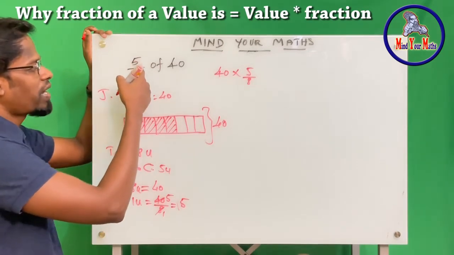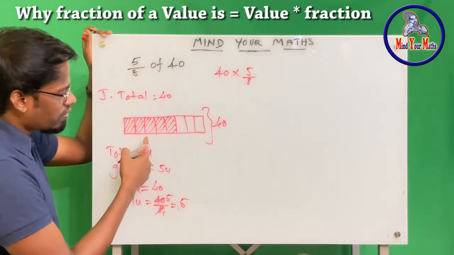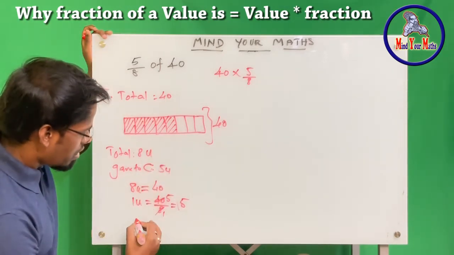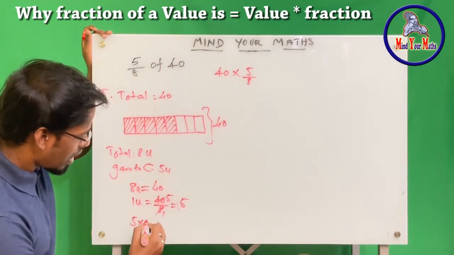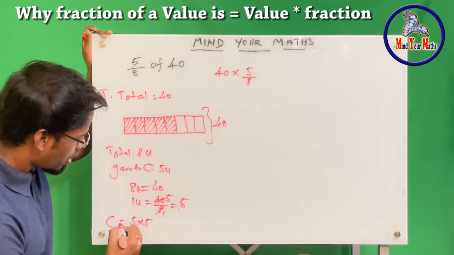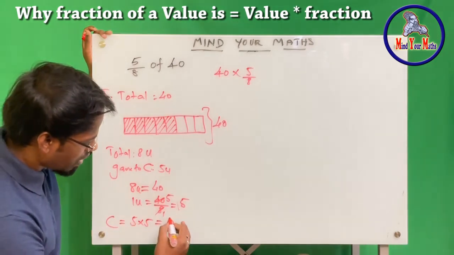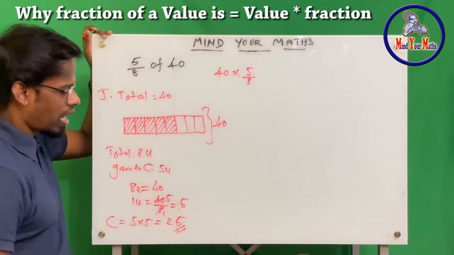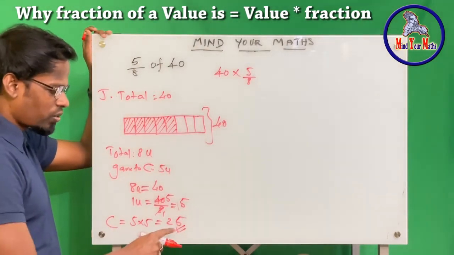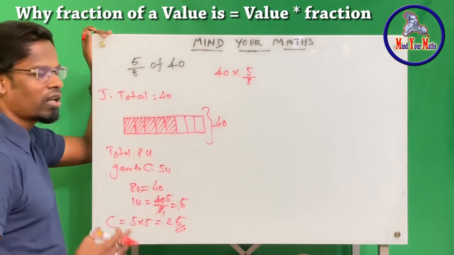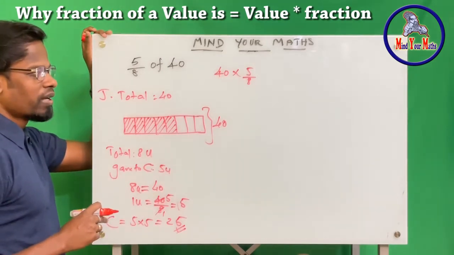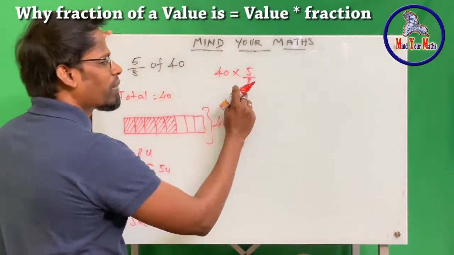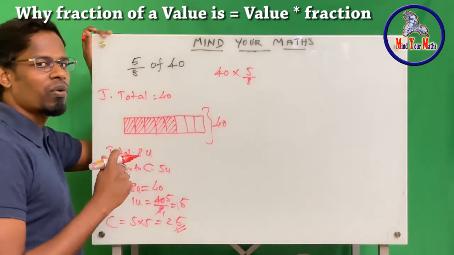That is 5 over 8, which is 5 units from these 8 units. So we multiply 5 times 5, which is 25. Charles got 25 apples. So this is how we solve using the units method. But what I'm going to explain is why we multiply this way whenever this kind of question comes.